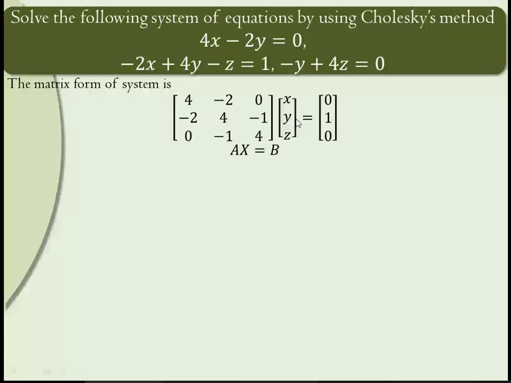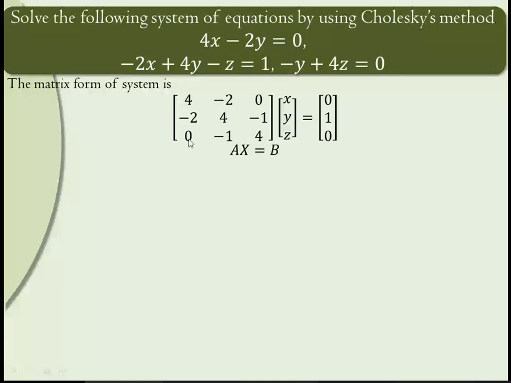Now, looking at this matrix, we can easily check whether it is symmetric or not. Other than the diagonal, just check the corresponding elements. First row, second element and second row, first element are the same. First row, third element and third row, first element are the same. Second row, third column and third row, second column are the same.